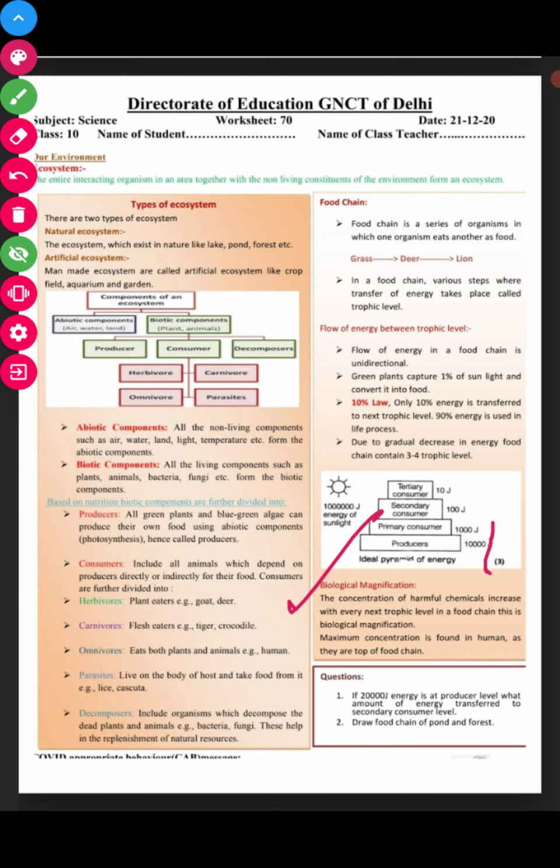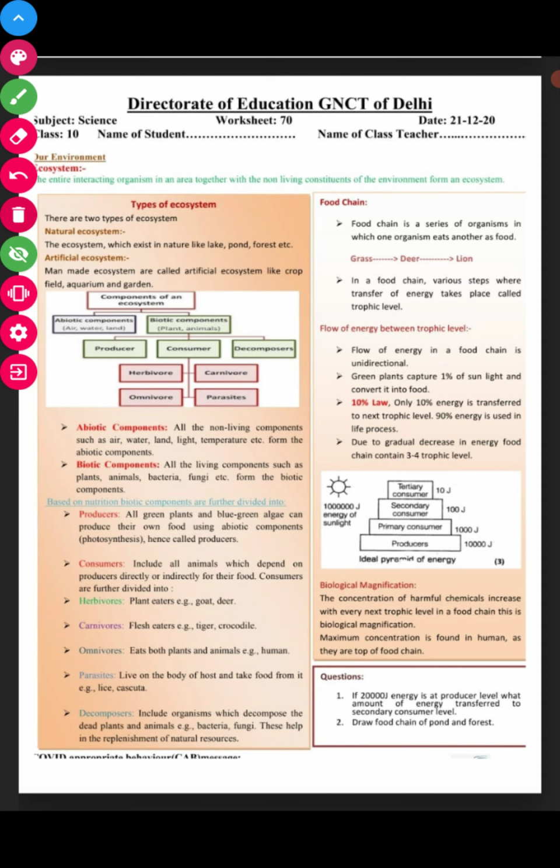As we move from one trophic level to another, the amount of energy received decreases, as shown over here, but the concentration of harmful chemicals increases. Maximum concentration is found in human beings because they are at the top level of the food chain.